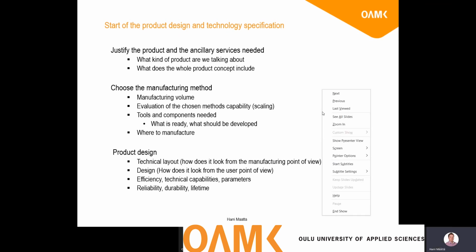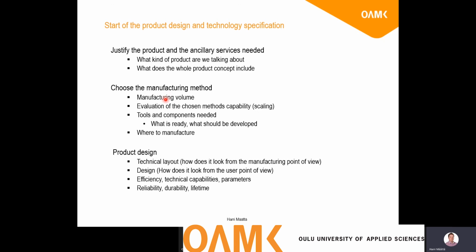About the feasibility, you also have to think about the manufacturing method when we are dealing with printed electronics. What are the volumes you are going to produce or need to be produced? You have to evaluate the methods, the capability.